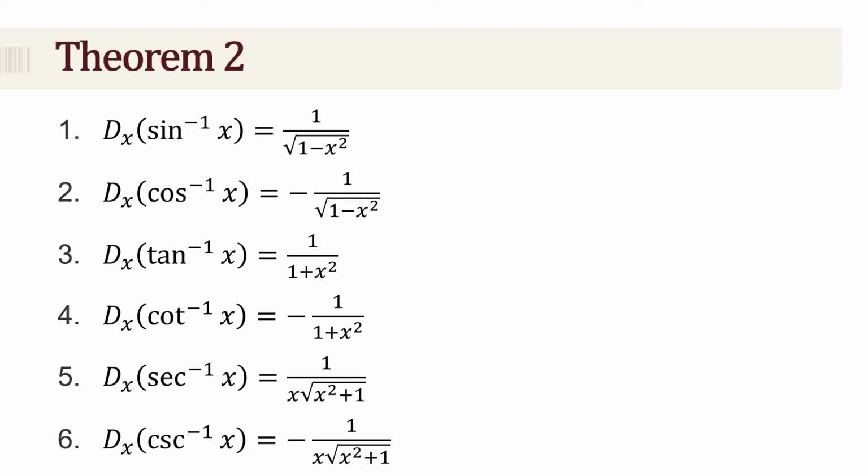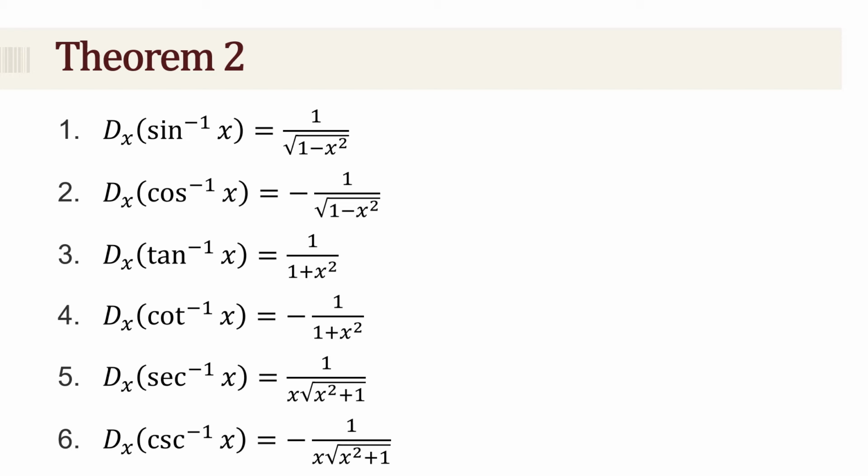Now, for the inverse trigonometric functions, eto medyo mas madugo siya kaysa nung kanina. At kailangan i-memorize nyo rin itong mga to. So, the derivative of arc sine of x is equal to 1 over the square root of 1 minus x squared. The derivative of arc cosine x is equal to the negative of 1 over square root of 1 minus x squared.